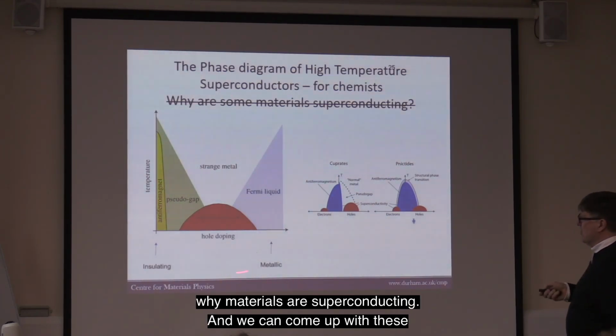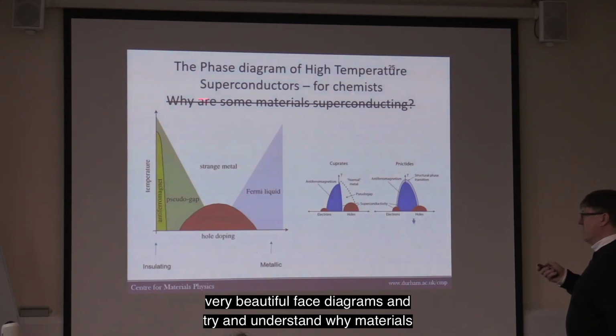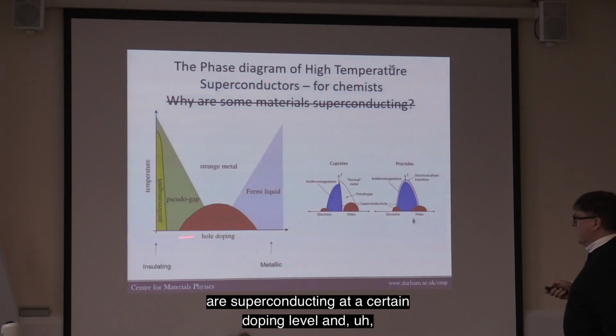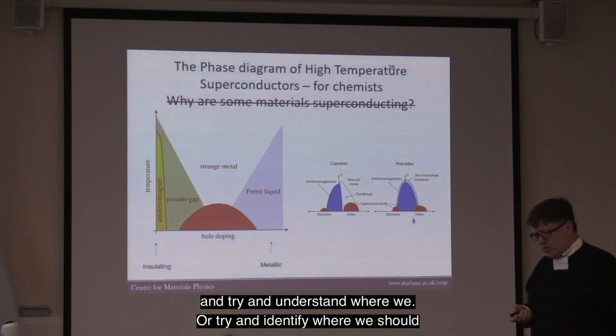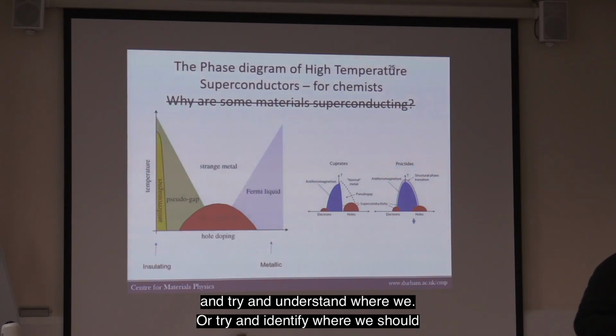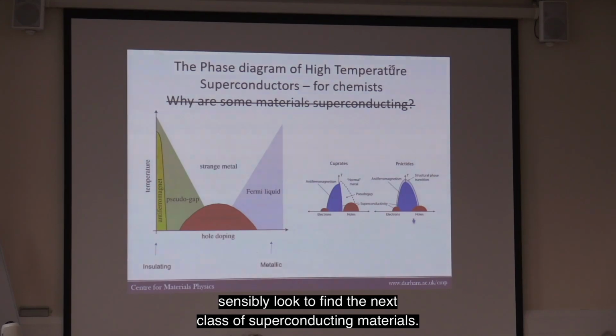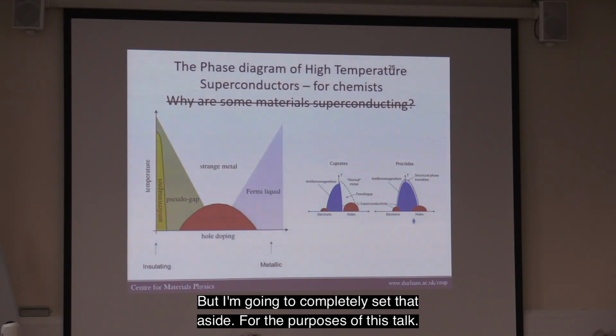And we can come up with these very beautiful phase diagrams and try and understand why materials are superconducting at a certain doping level, and identify where we should sensibly look to find the next class of superconducting materials. But I'm going to completely set that aside for the purposes of this talk.